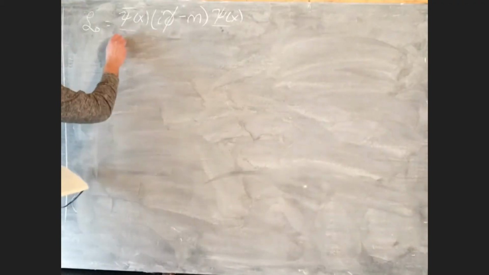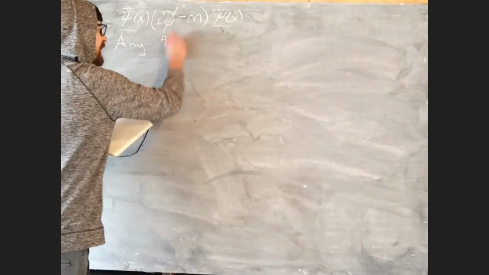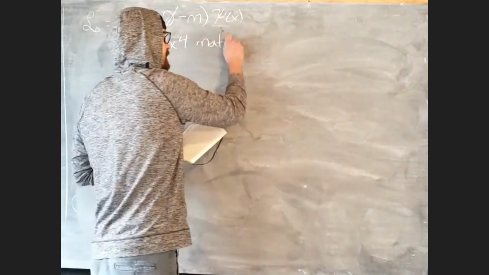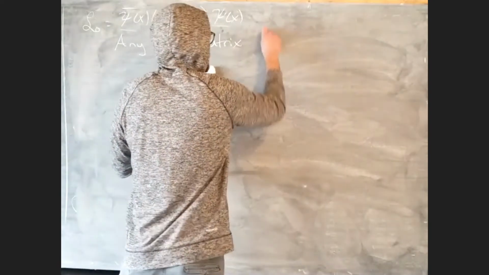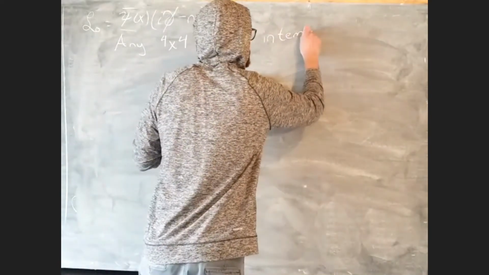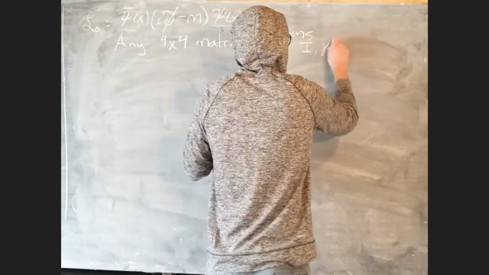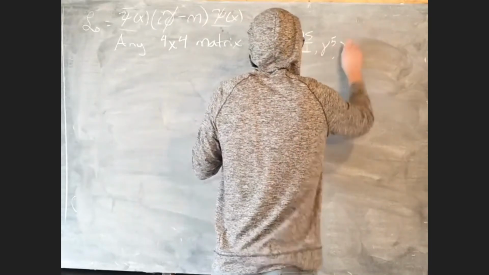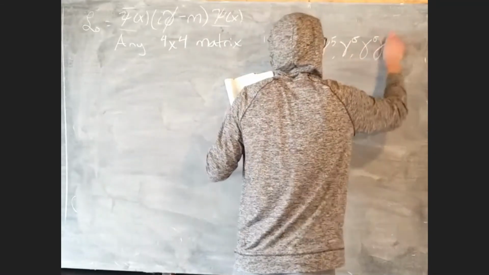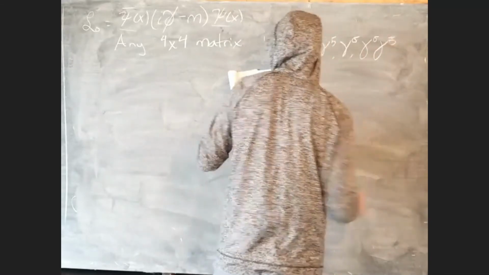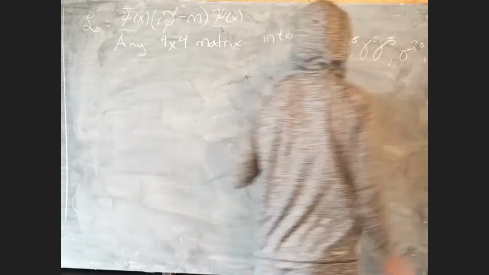And that is, you can write any 4x4 matrix as a linear combination of the following matrices: the identity, gamma 5, all of the gamma matrices, the combination of one of the gamma matrices and gamma 5, and then one of the sigma matrices.